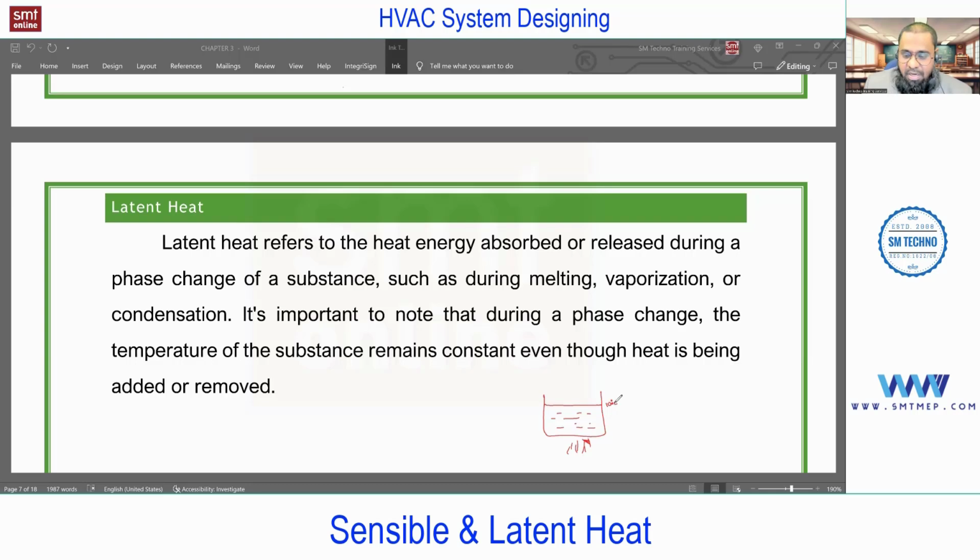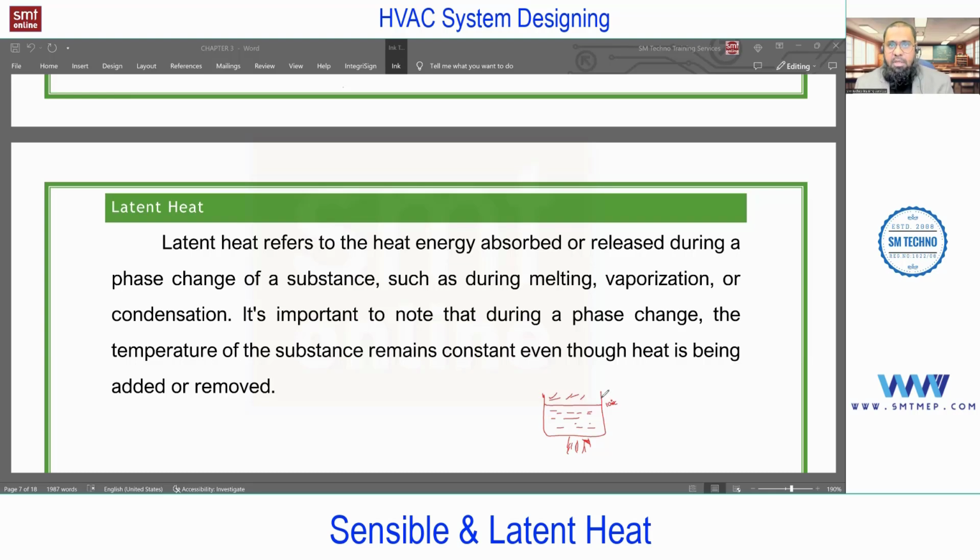So what happens at 100 degrees centigrade? Further, the temperature will not increase because the boiling point of water is 100 degrees. But still I'm adding heat. So where does that heat go? Phase change. Yes, that heat is utilized to change the phase, and that heat is called latent heat.